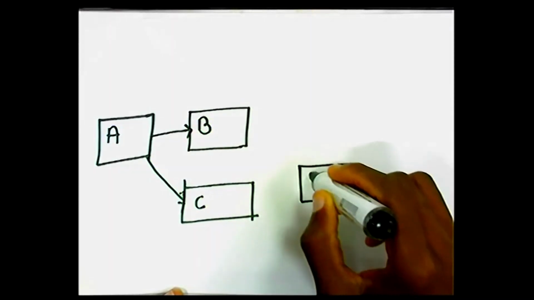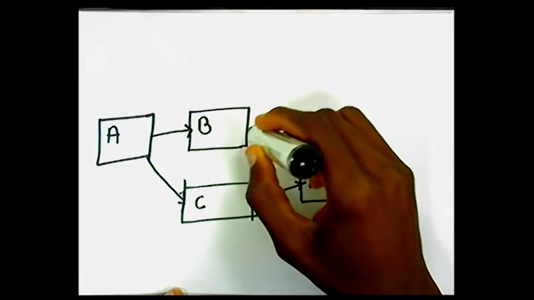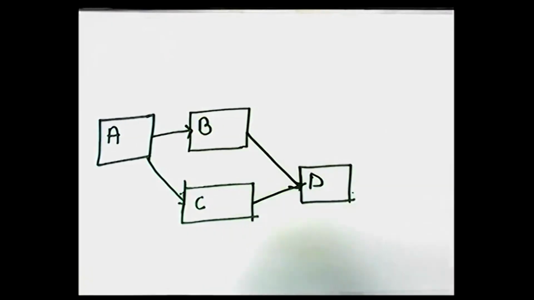And then I have my D here, with an arrow coming from B and an arrow coming from C. Please feel free to draw it at your convenience, and the only condition is to make sure that whatever you put out here is exactly the same information given in the precedence relationships.